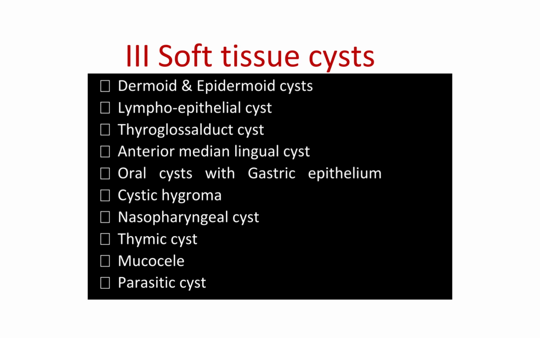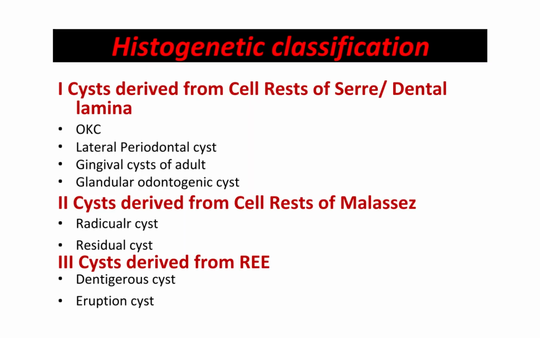Soft tissue cysts include dermoid and epidermoid cyst, lymphoepithelial cyst, thyroglossal duct cyst, anterior median lingual cyst, oral cysts with gastric epithelium, cystic hygroma, nasopharyngeal cyst, thymic cyst, mucocele, and parasitic cyst. Detailed explanations of these cysts will be given in future videos.